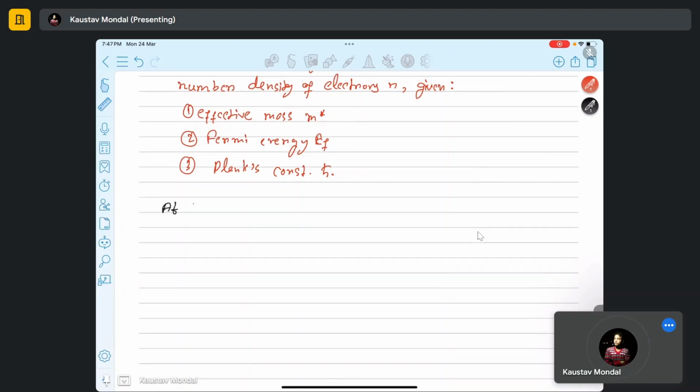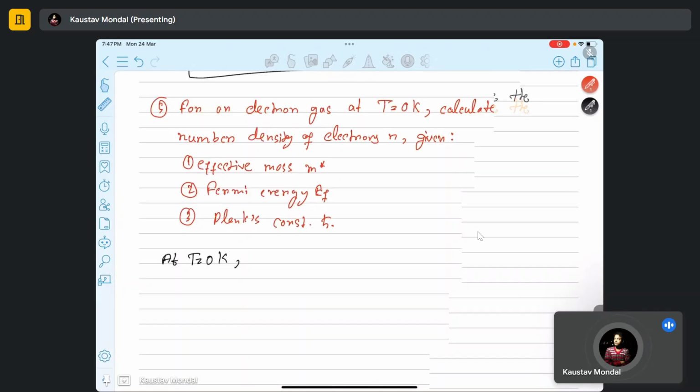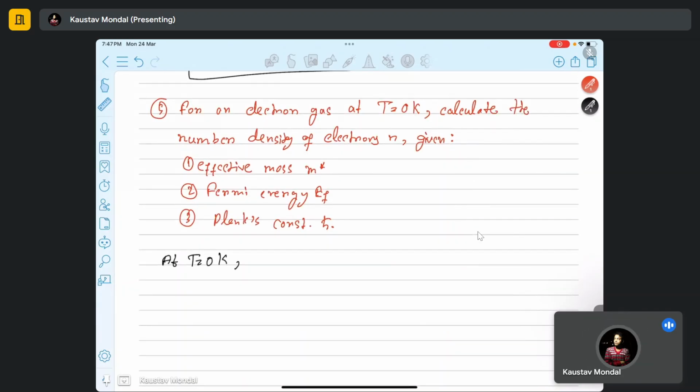Let's write it at T equal to 0. Previously you calculated the total number of electrons, but now you have to be careful, because you have to calculate the density of electrons, not the total number.